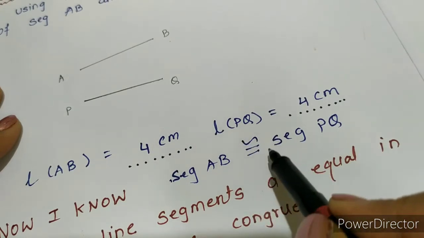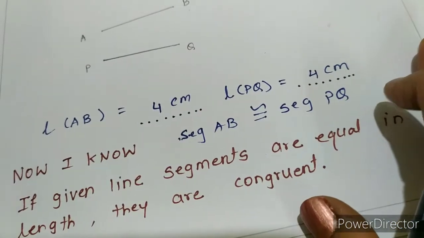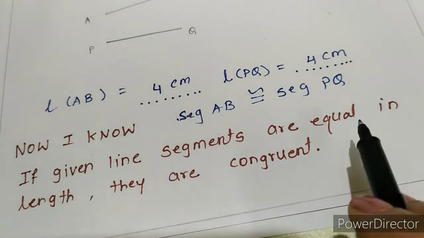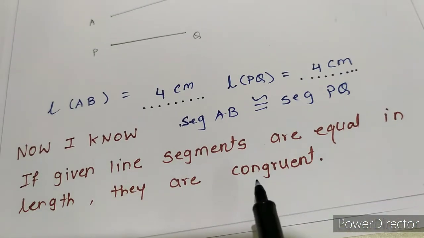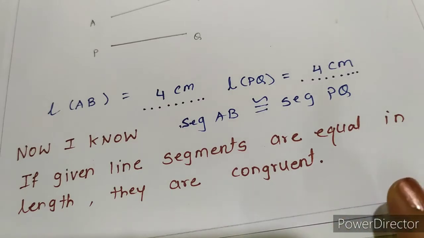Here this is the symbol of congruence. From this we can say that if given line segments are equal in length, they are congruent. Length is equal, then they are congruent.